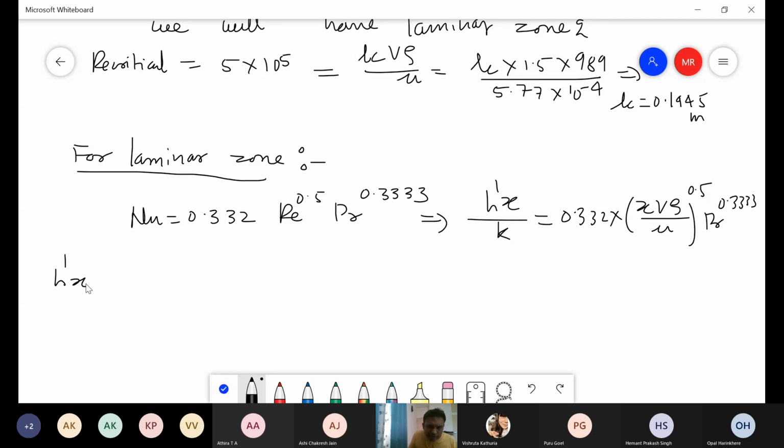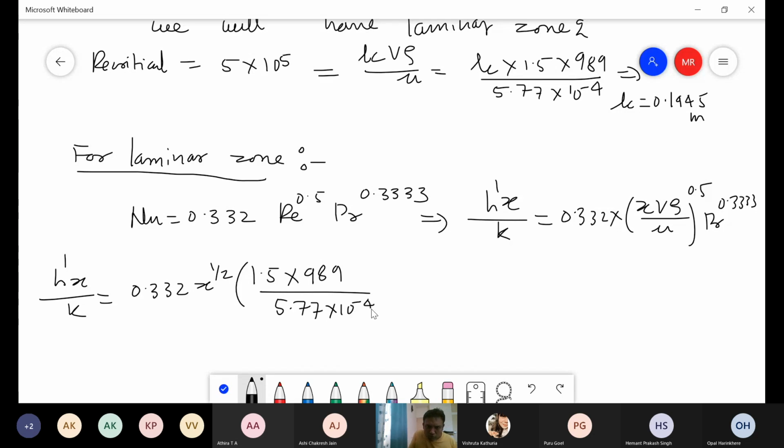So h' x divided by k is given as 0.332 into x raised to the power 1/2, and I can put v and rho. v is 1.5, rho we have already seen is 989, divided by mu, which is 5.77 into 10 raised to the power minus 4, all raised to the power 0.5. Prandtl number is 3.77 raised to the power 0.3333. So this comes out to be 828.2 x raised to the power 1/2.